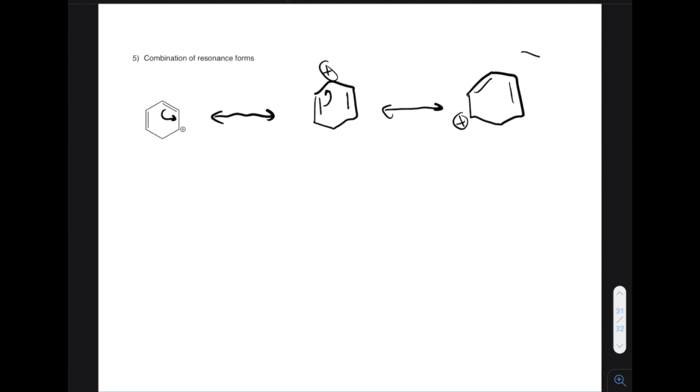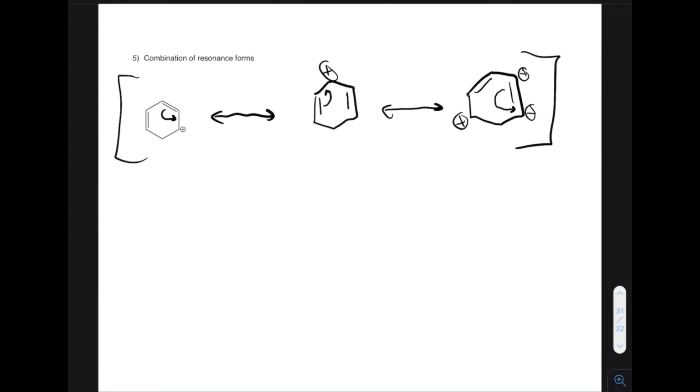So is there a major resonance form for this? The short answer is no, there's no major resonance form. They're all equally contributing. But this is sort of an example of how there can be more than one resonance form on a molecule. And we could, sort of do something like, let's say we break this double bond and draw this here. So there's a positive charge here and a negative charge here.